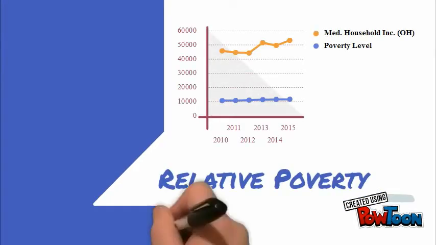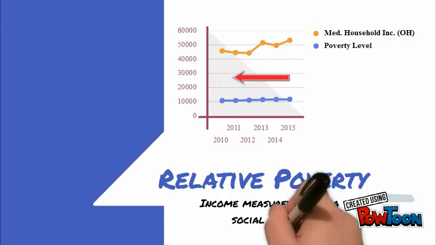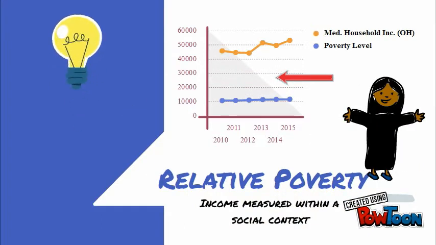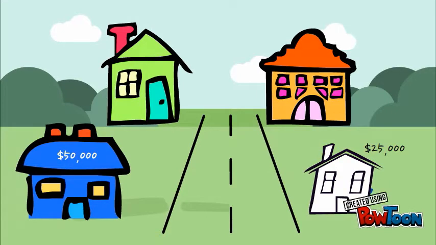Relative poverty assumes relativity, meaning that income is measured within a social context. As an example, consider a street of homes in Cleveland Heights. Most of the households on the street are households in which the median income is about $50,000.